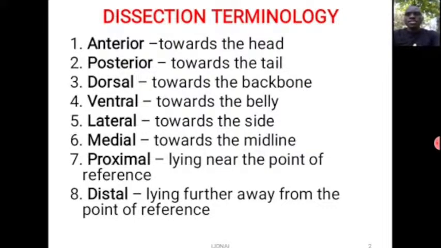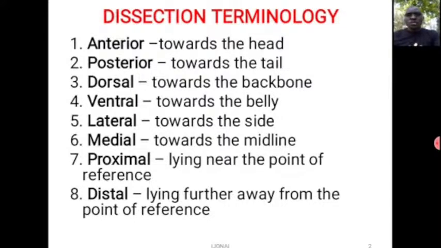Posterior means towards the tail or towards the behind part of the body. That is posterior. So if a structure is posterior to another, it means it's located towards the tail, relative to the other parts.